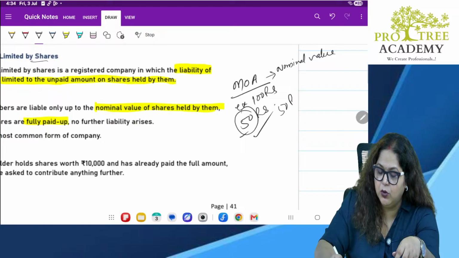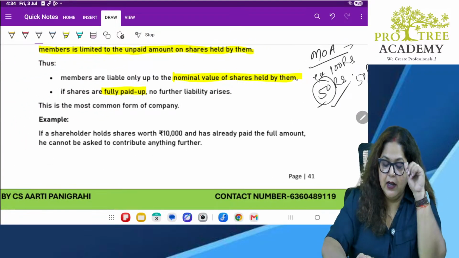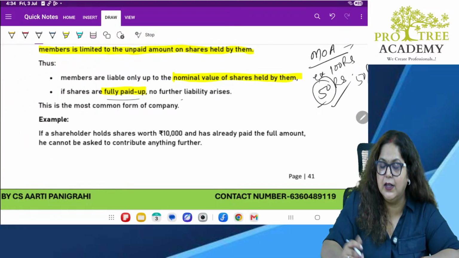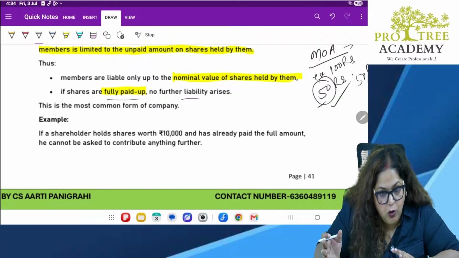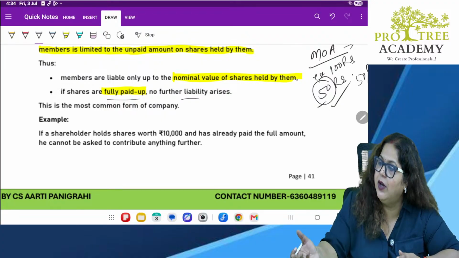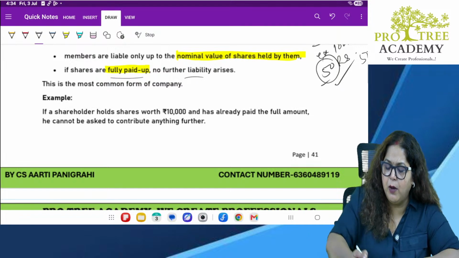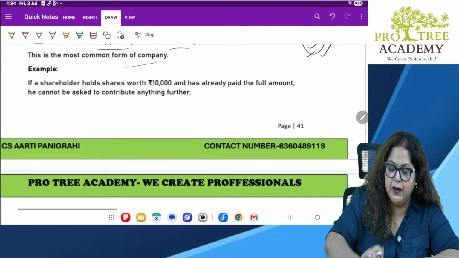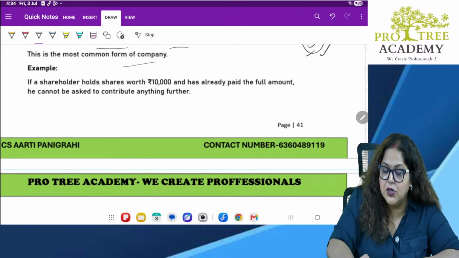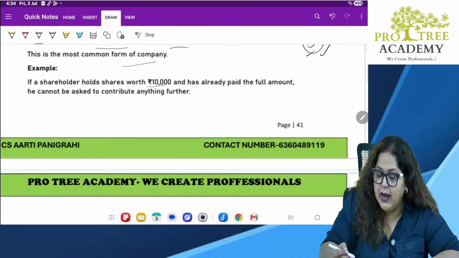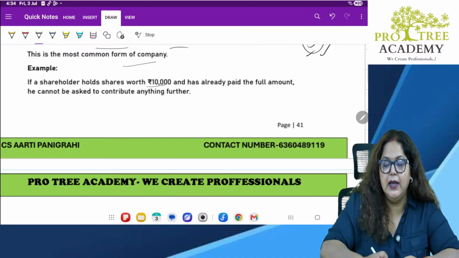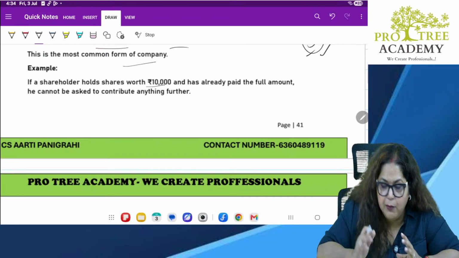If shares are fully paid up, there is no further liability. This is the most common form of company. For example, if a shareholder holds shares worth rupees 10,000 and has already paid the full amount, he cannot be asked to contribute any further amount.